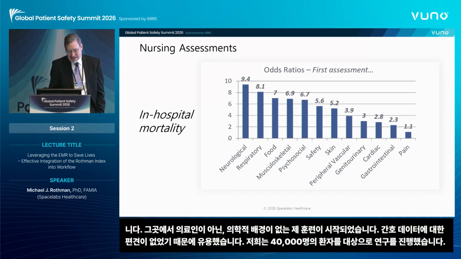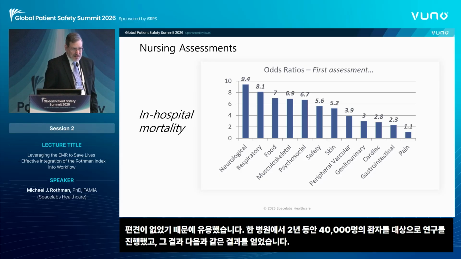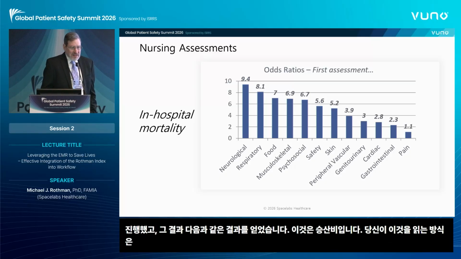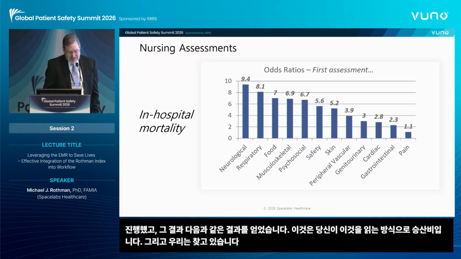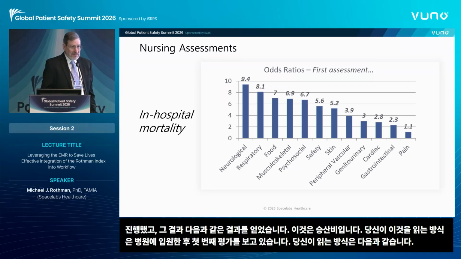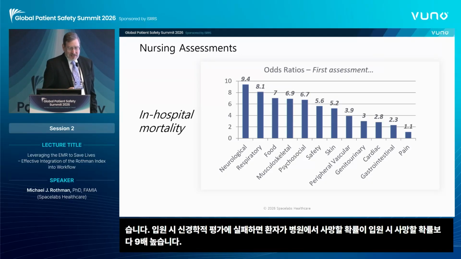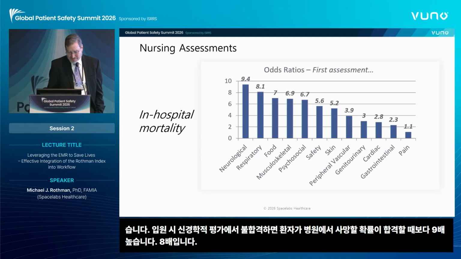We're looking at the first assessment upon admission to the hospital. The way that you read it is the patient is 9 times as likely to die in the hospital if they fail their neurological assessment at admission than if they pass. They're 8 times as likely to die in the hospital if they fail their respiratory assessment at admission rather than if they pass, and so forth.